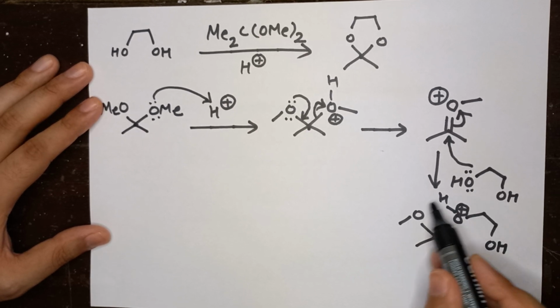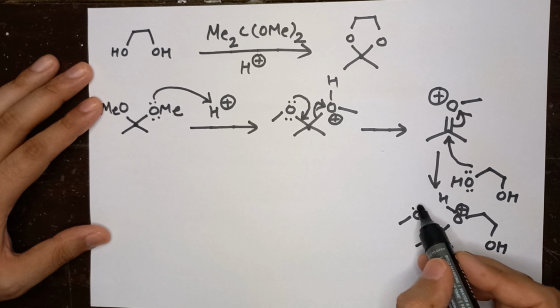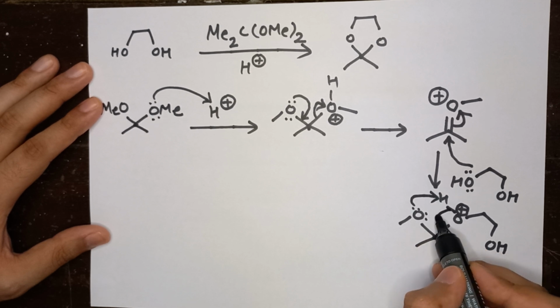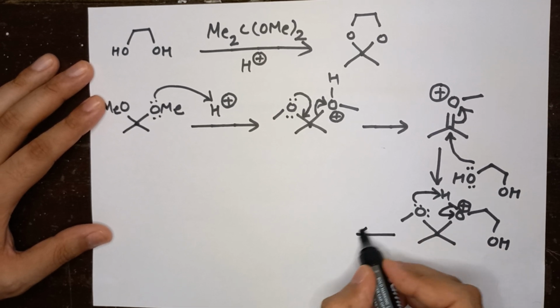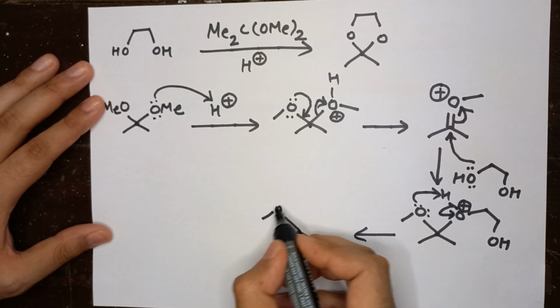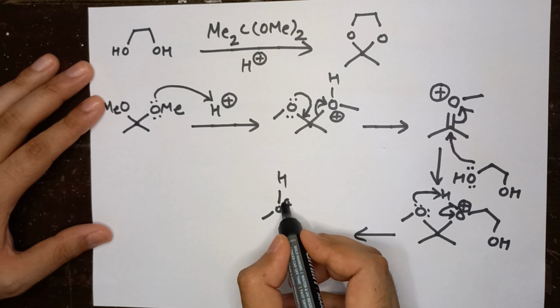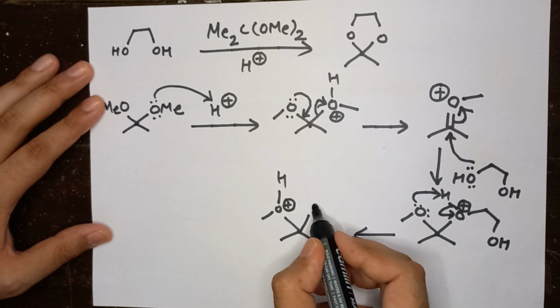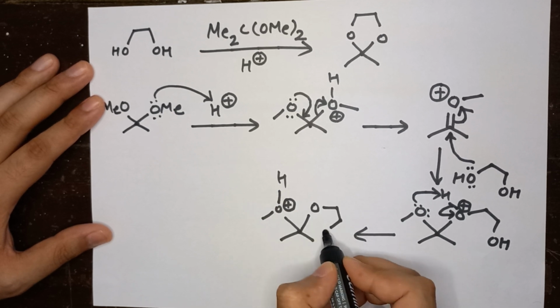So now you have this. Once again, intramolecular hydrogen transfer will take place. This oxygen is going to neutralize. Now I have O methyl hydrogen with positive charge, O CH2CH2OH.